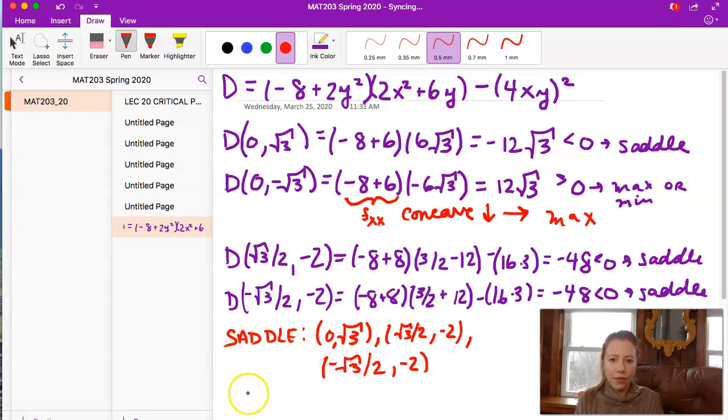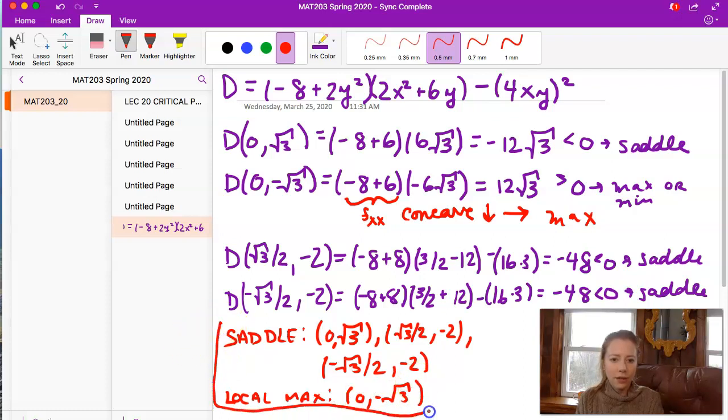Okay, so we have 3 saddle points, and we have a local max at 0 and minus the square root of 3. All right, let's put a box around that.